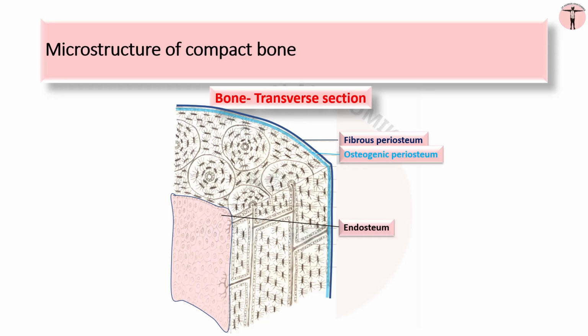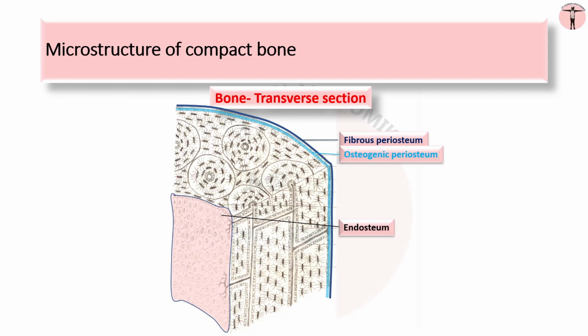The marrow cavity is lined by endosteum. The bony matrix in the form of thin plates of lamellae is arranged in four types: concentric lamellae, interstitial lamellae, outer circumferential lamellae, inner circumferential lamellae.